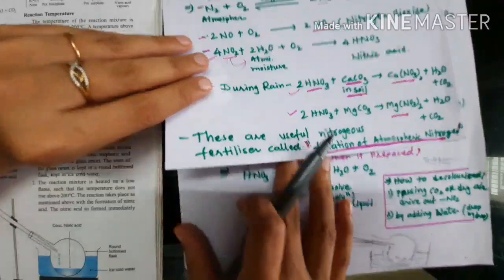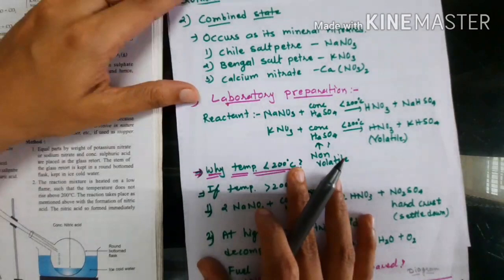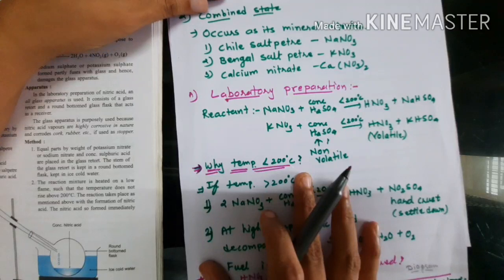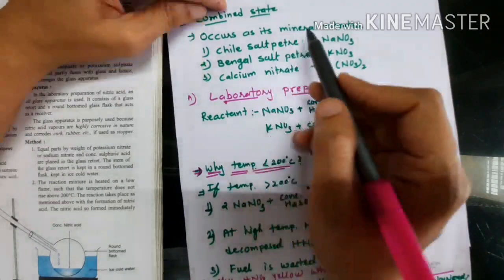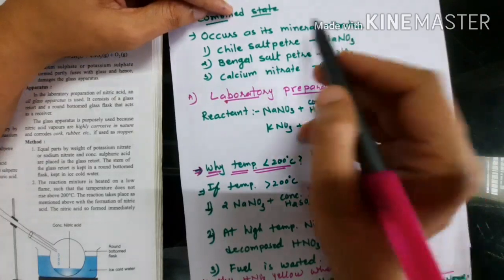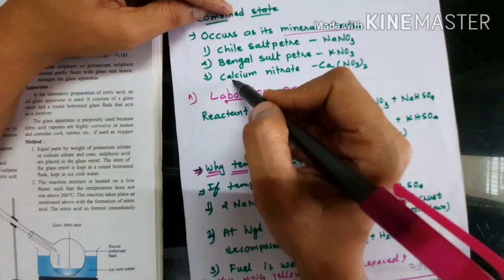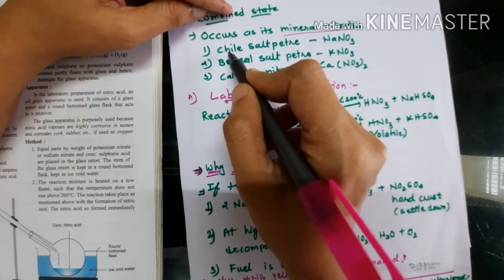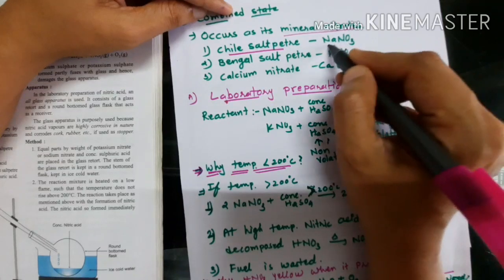So now let's do the next point, that is the combined state. In the combined state it occurs as a mineral nitrate. Very important. These are the common names of the minerals: Chile saltpeter, which is sodium nitrate, NaNO3.